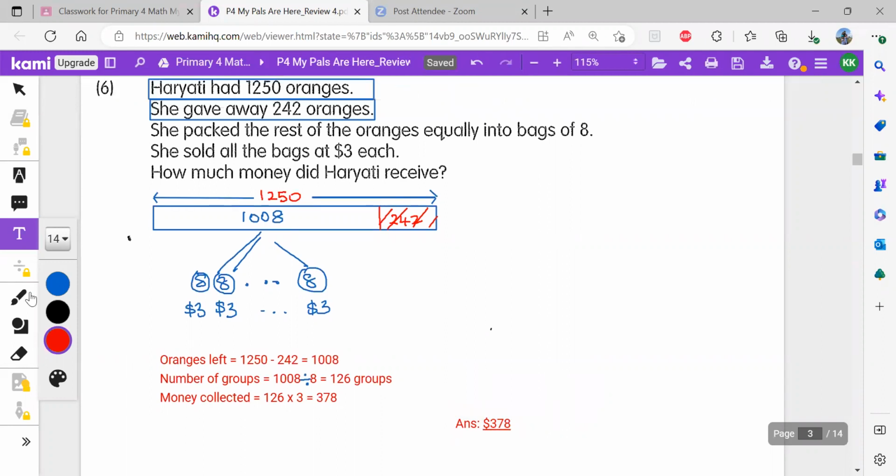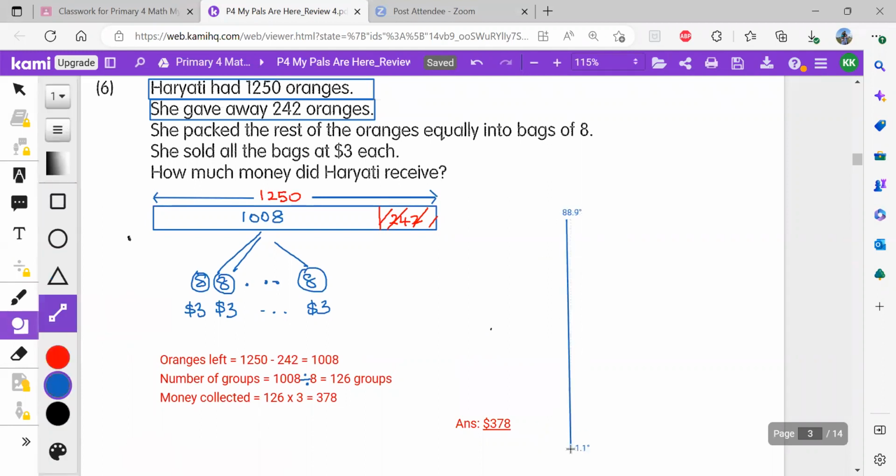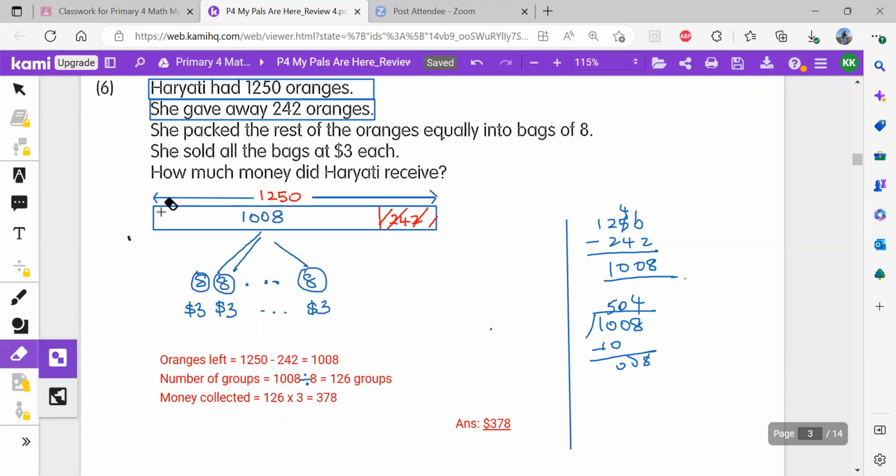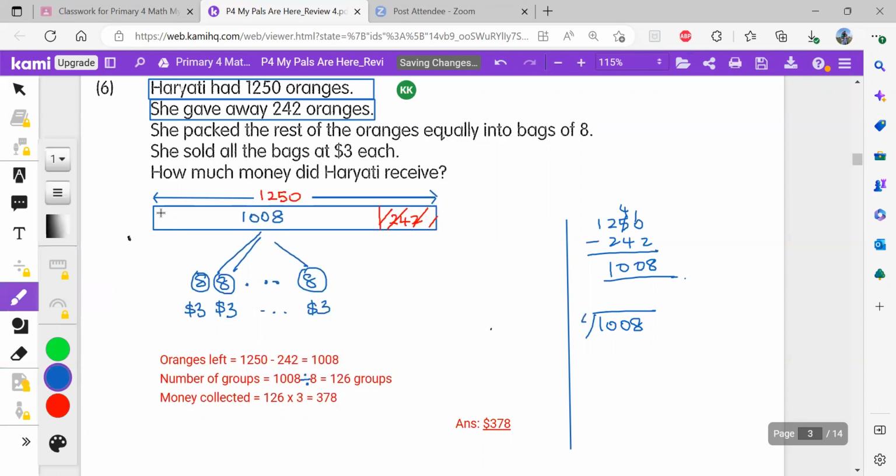Of course you should be showing your working at the side, how you do 1250 minus 242. Then 1008 divided by 2. Wait, not divide by 2, it should be divided by 4. Sorry. 4 times 2, 8.